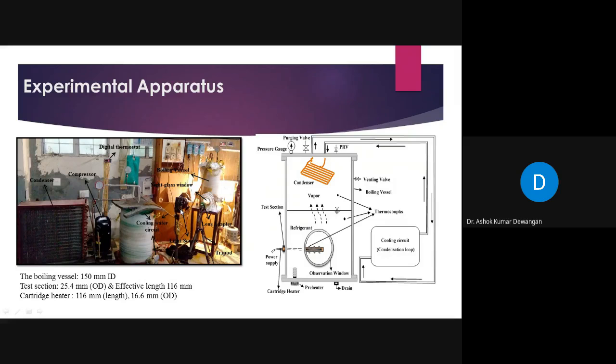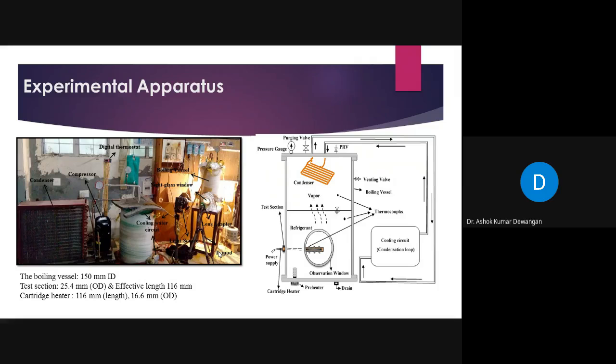Here the boiling visualization with the transparent side glass, or observation window, of the test section shows the liquid vapor exchange phenomena that occur during boiling. This camera was used to record the bubble phenomena, and for stability and alignment we use a tripod, which supports the camera.